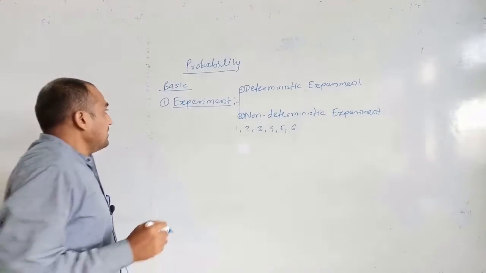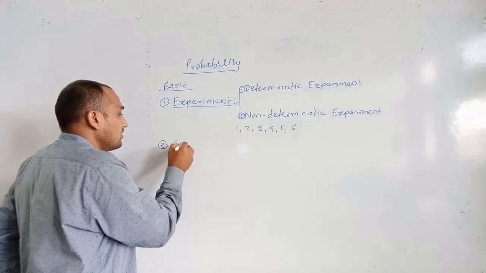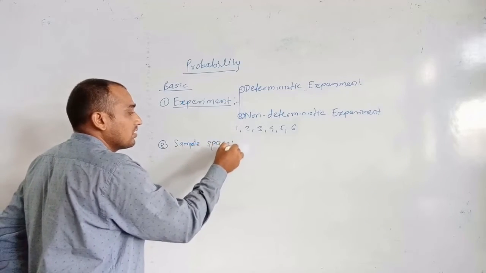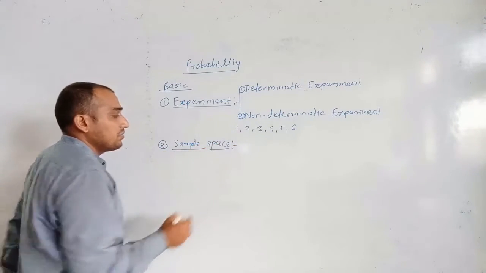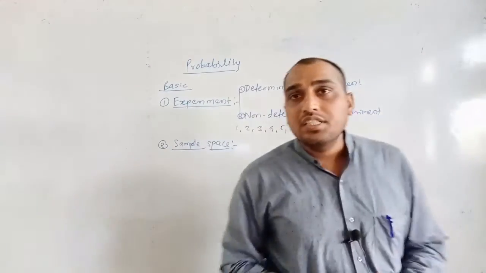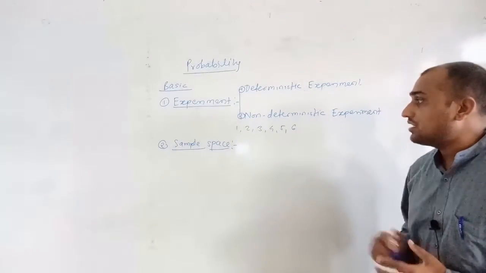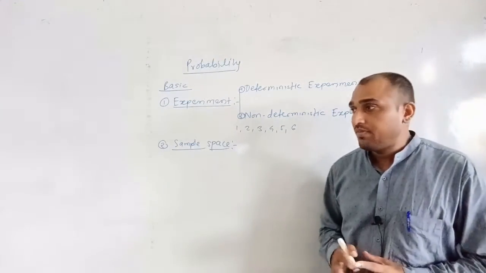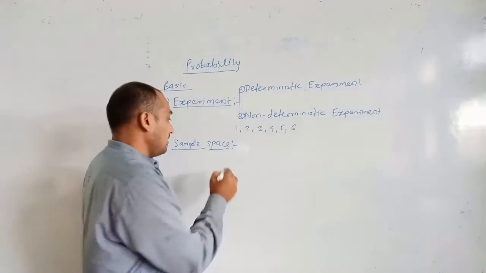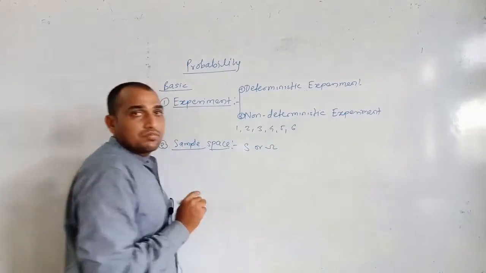After that, in basic terms, the term required is sample space. The sample space is the set of all possible distinct outcomes of an experiment. Sample space is denoted by capital S or omega.